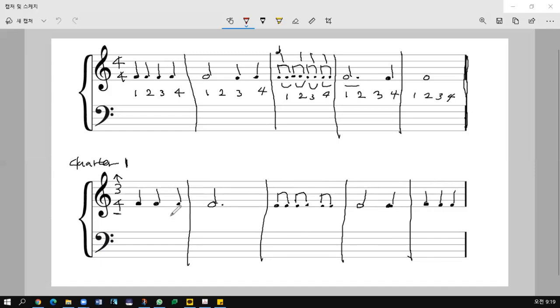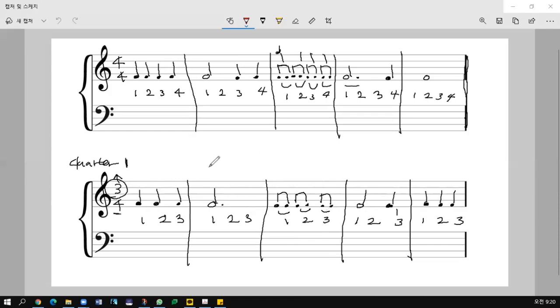All right, so each measure satisfies the beats, right? Count 1, 2, 3, and then 1, 2, 3. And this is 1, 2, 3, 1, 2, 3, 1, 2, 3.